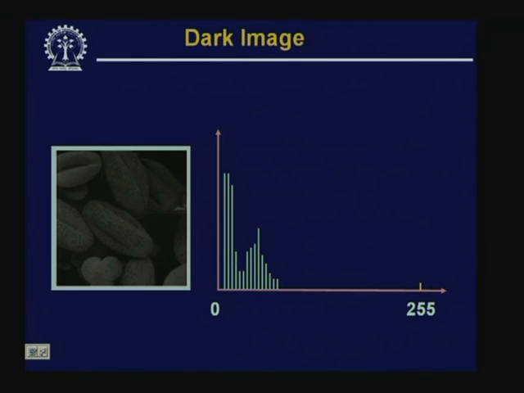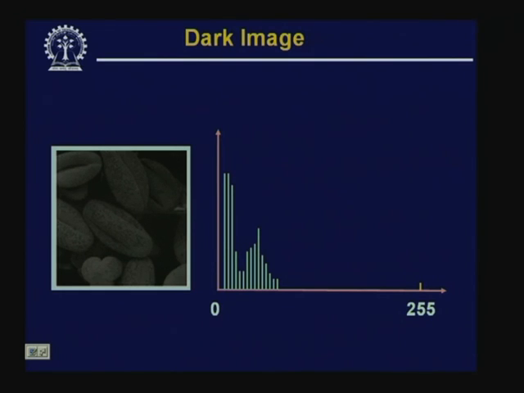On the right hand side we have shown the corresponding histogram, and you find that this histogram shows that most of the pixels in this particular image have an intensity value which is near about 0 and there is practically no pixel having higher intensity values, and that is what gives this particular image a dark appearance.